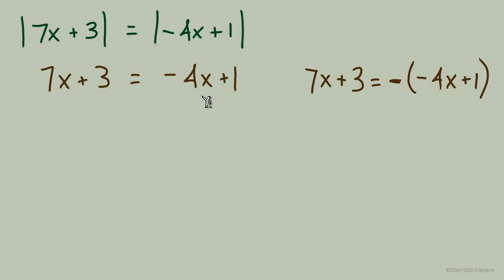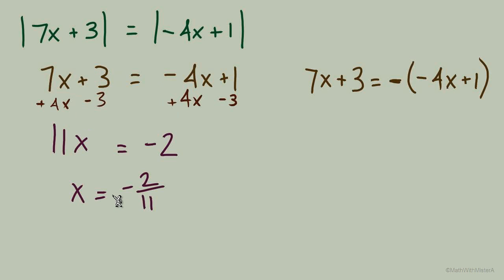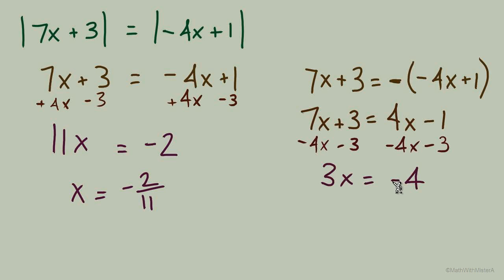Let's solve these, doing the both sides moves to get x's on the left and numbers on the right. 11x equals negative 2, and then divide by 11, x equals negative 2/11. Our other equation, I'm flipping signs to a positive 4x minus 1, and then collecting x terms on the left with the number on the right, and then divide both sides by 3, x equals negative 4/3.